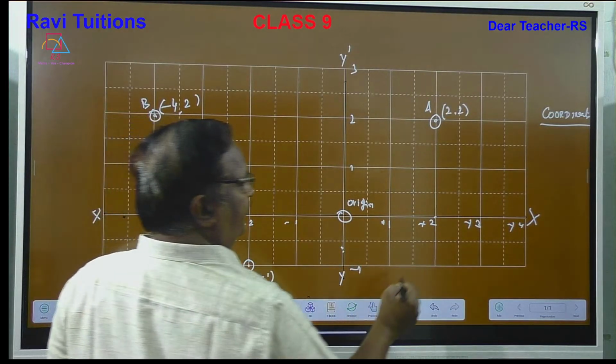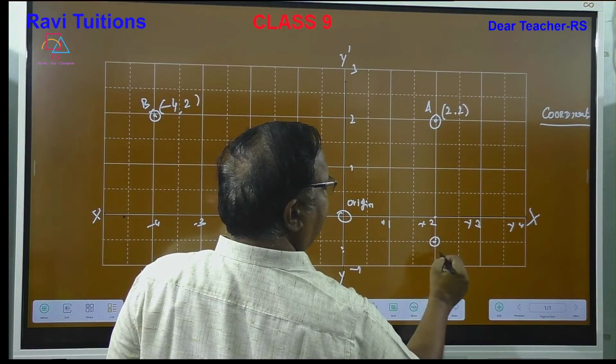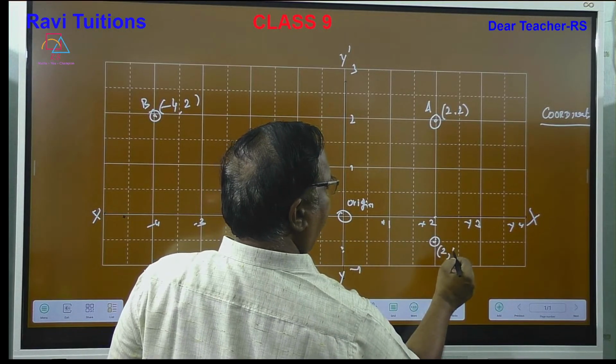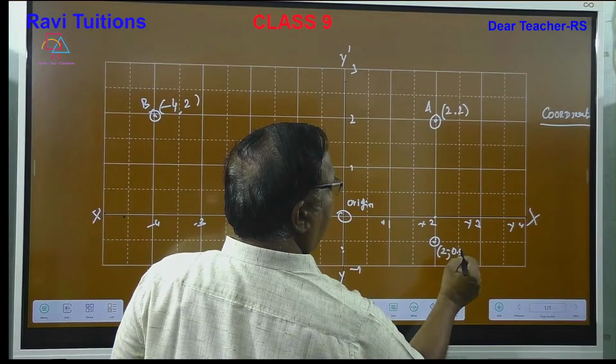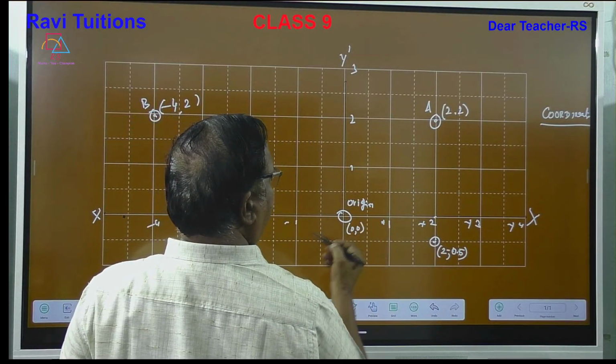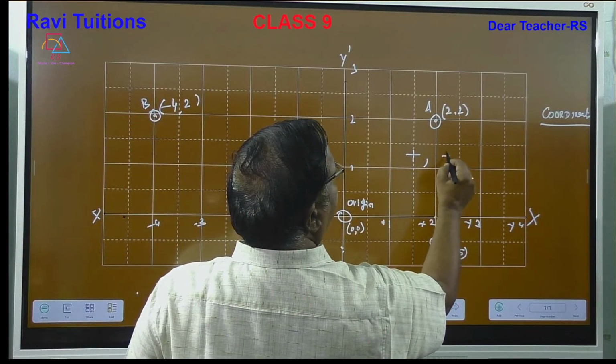If I put this, the x-axis is 2 and the y-axis is minus 0.5. And this is 0, 0. Origin is always 0, 0. In this quadrant you will get plus and plus.